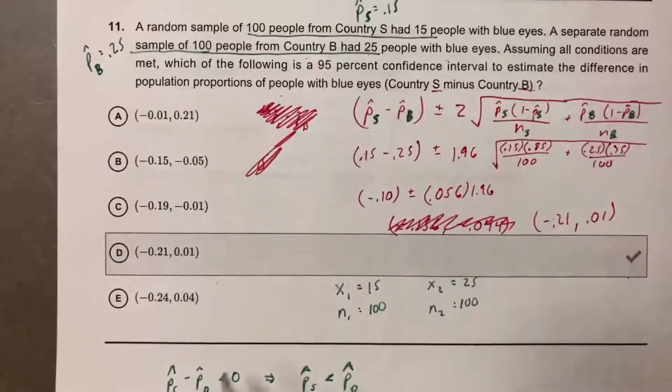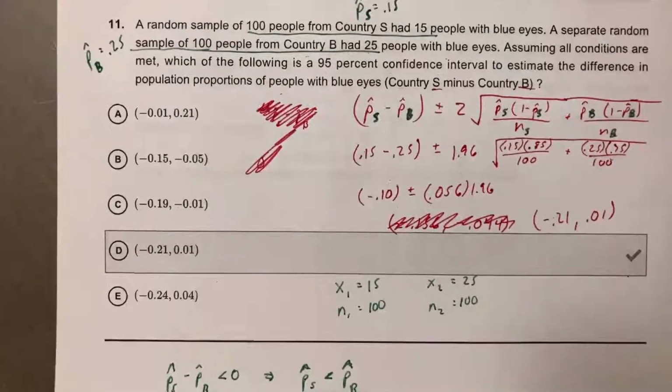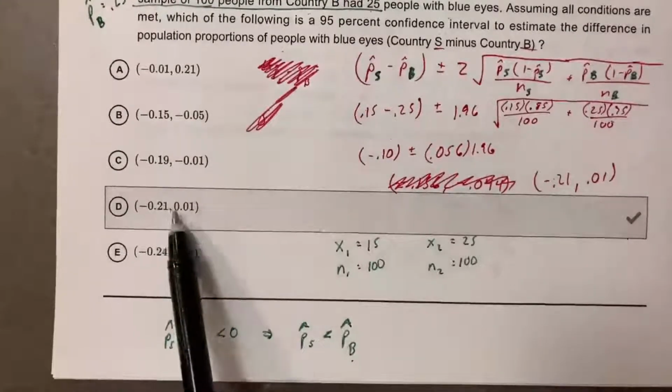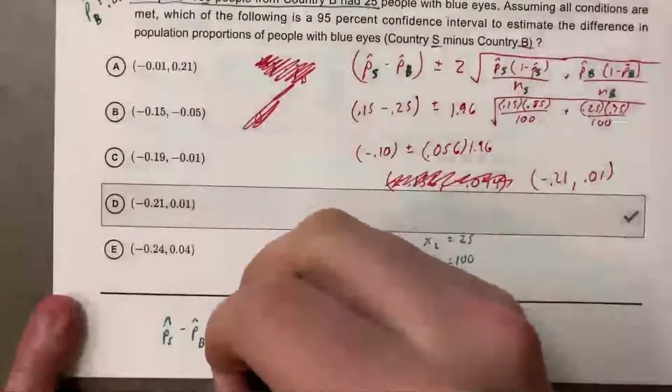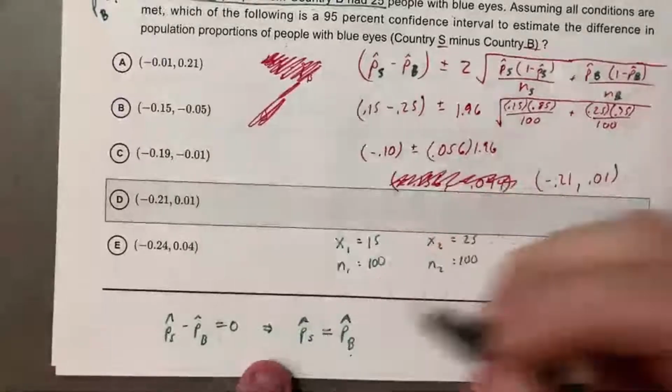So it's plausible to say that, which would imply that the probability in country S is less than the probability in country B. However, 0 is also in this interval. So it's also plausible to say they're equal, which would imply this.